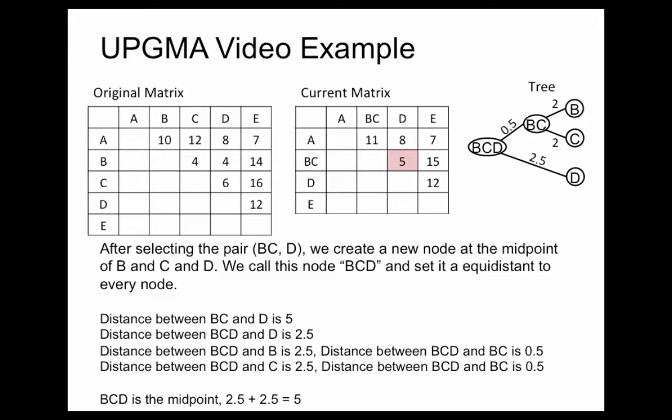Yes? Is it ever possible for the distance between 2 clusters, like, I know it's not the case for this example, but in another example, could the distance between BCD and BC be 0, and then BC and D would just merge into an MRCA from which B, C, and D simultaneously came from? I don't think these can. Even if you start with a 0, you're still going to be averaging something higher than 0, so it always becomes above 0 at some point.